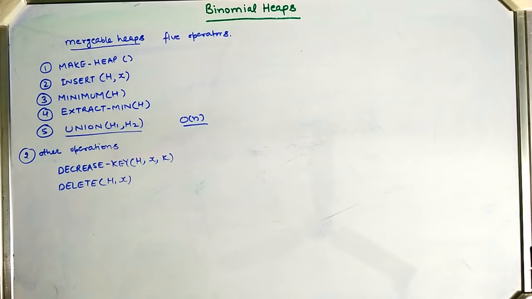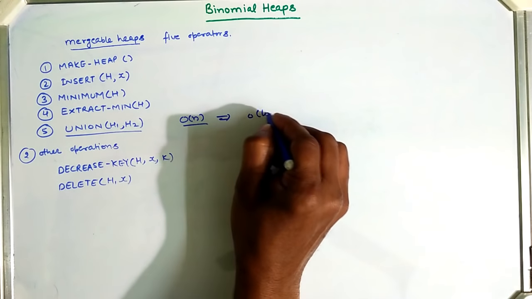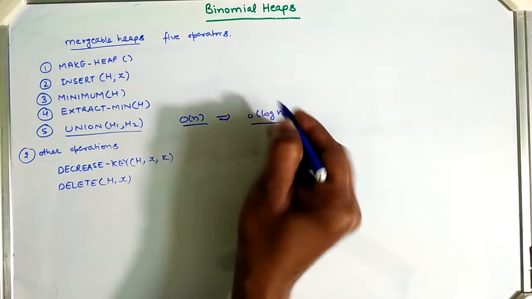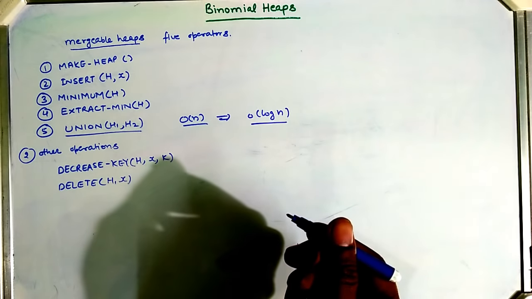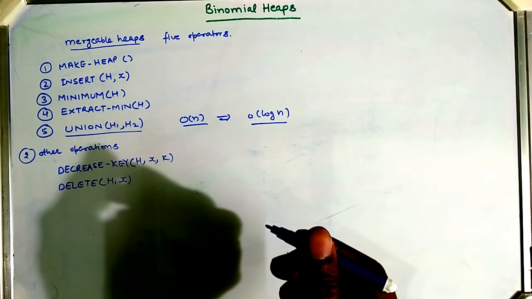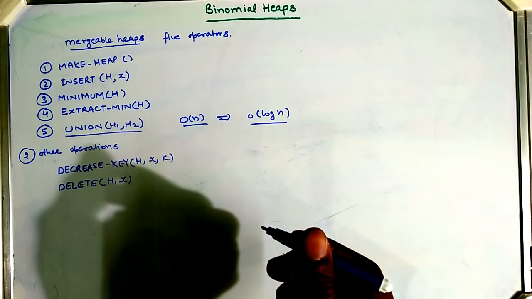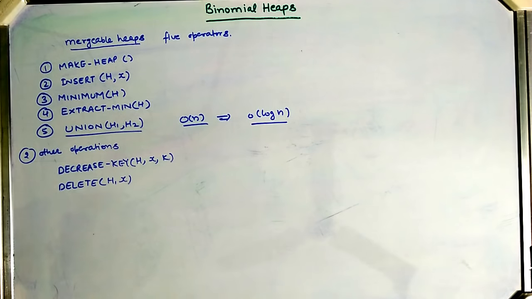So the binomial heap union will reduce this time to order of log n. That's why we are using binomial heaps to implement the mergeable heap property. So this is the power of the binomial heap. Now let's understand the binomial heap in more detail.